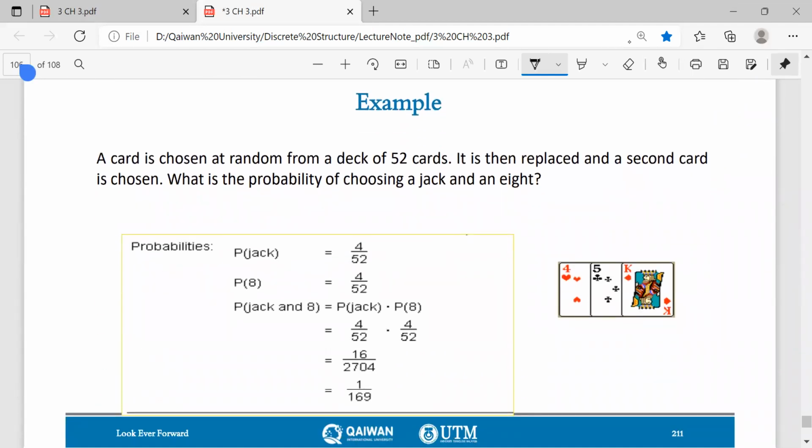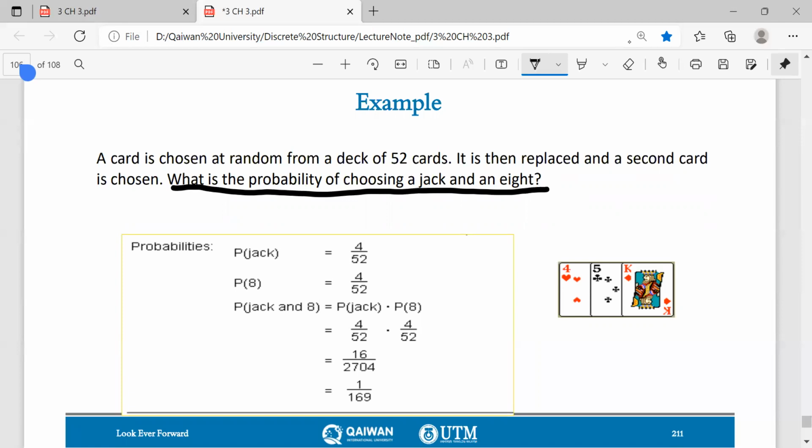We have another example. A card is chosen at random from a deck of 52 cards. It's then replaced and a second card is chosen. First, we choose a card. Then we return it, and again we choose a card. It says, what's the probability of choosing a jack and an 8?